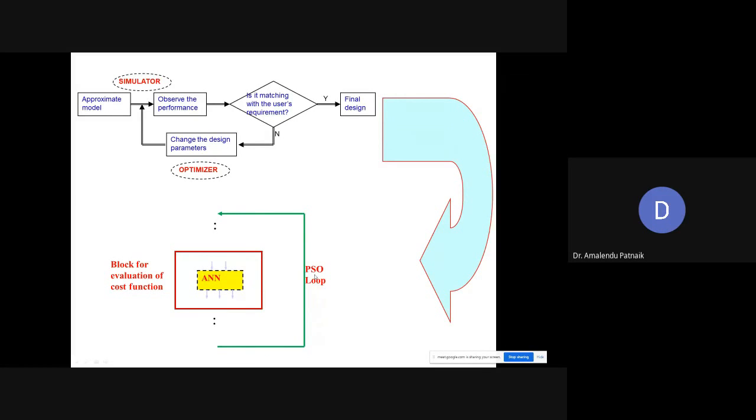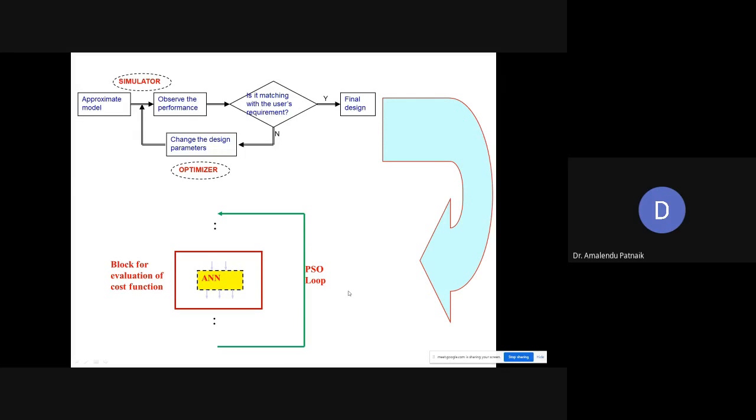Here in this particular figure I have written PSO, particle swarm optimization, but any of these metaheuristic based optimizers that we've studied can be used at that particular place.